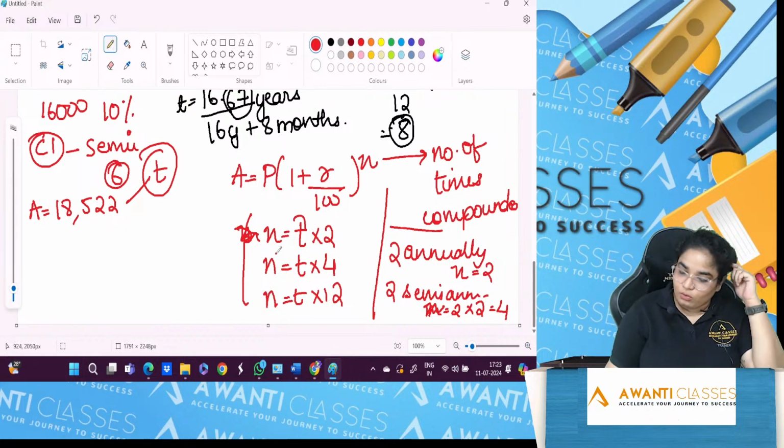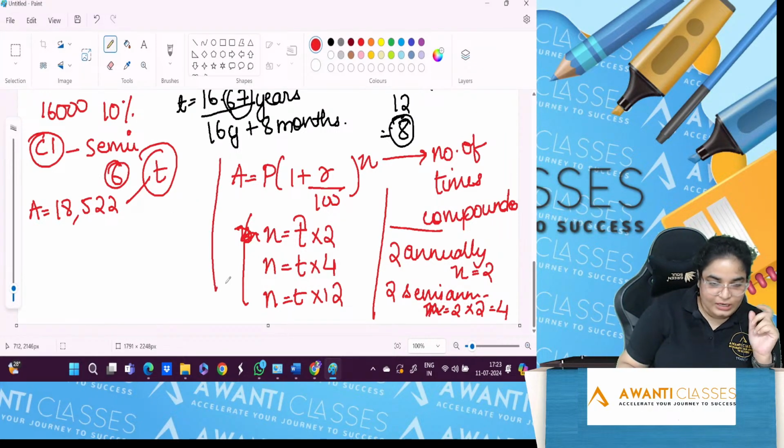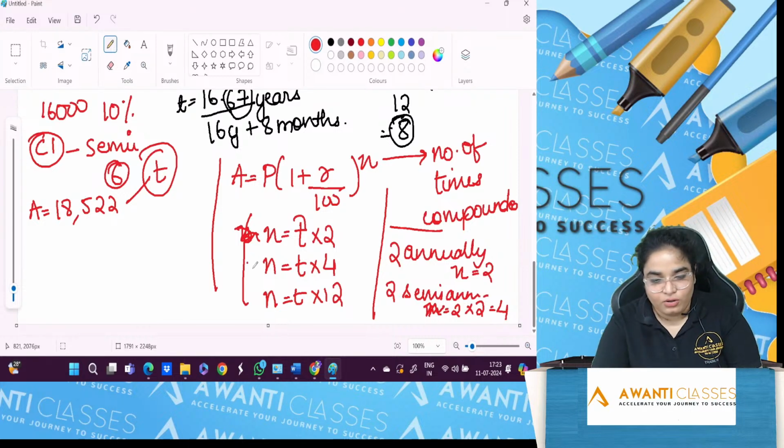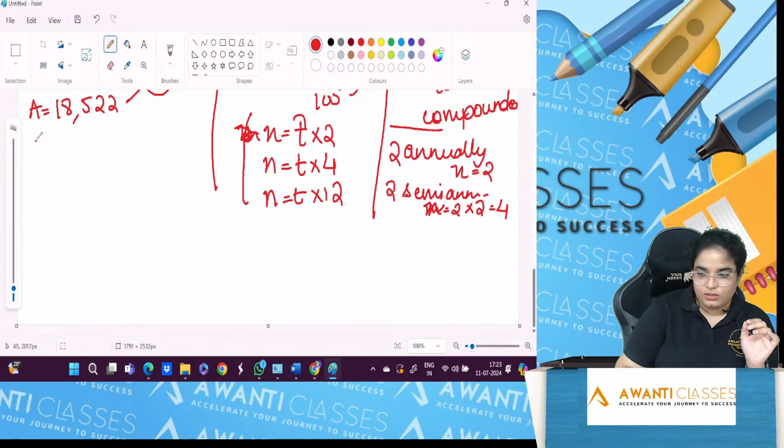Now, what other formulas did we learn? We learned the simple compound interest formula also. We won't need that in this question. It is that simple. Let's do this. A is how much? They told us 18,522.